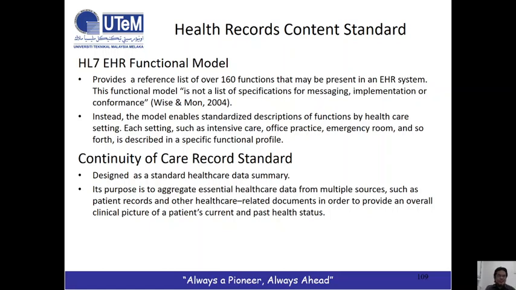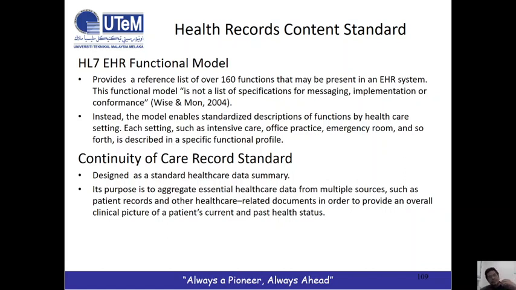The HL7 EHR functional model provides a reference list of over 160 functions that may be represented in an EHR system. They have a standard for when a patient is admitted to the hospital, a standard record.